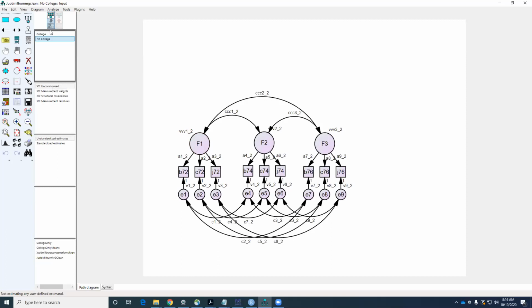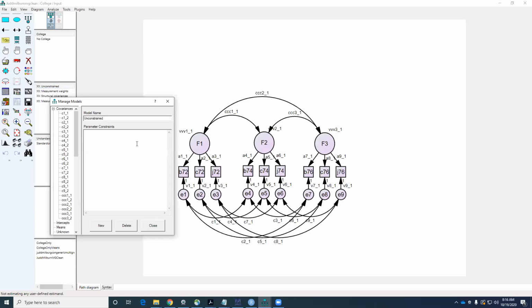So inside of this model, I'm going to come in and say VVV1_1 is equal to VVV1_2 is equal to 1. And I need to say the same thing for factor 2 and factor 3. So we'll come in and do that.